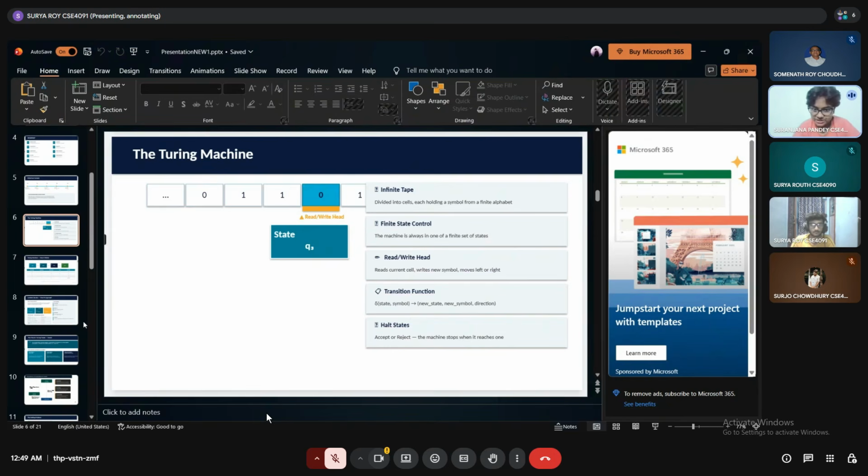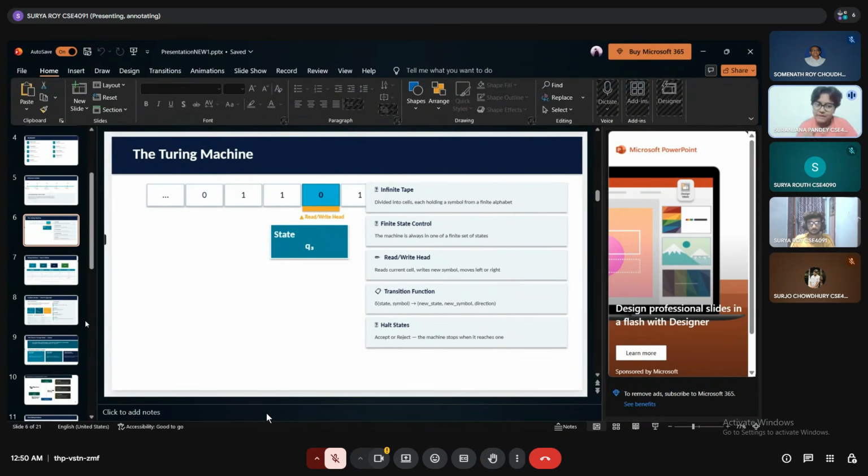So the basic components are given over here. One of the components is the tape. The tape is like a long strip, divided into different cells which are used as memory to store symbols, like the binary digits 0 and 1, or the blank symbol. There's the head, which is basically the reader that reads the symbol and then moves left or right and reads the particular symbols 0, 1 and blank.